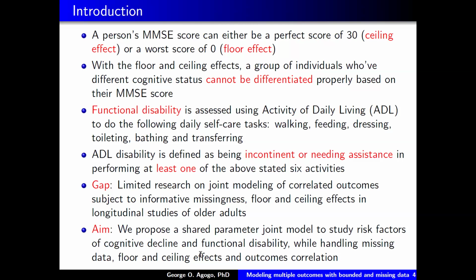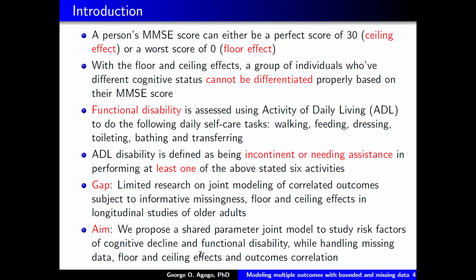So these are very key activities, especially for elderly people, because they need that independence. And if they need assistance with one of these key self-care tasks, then we say they are disabled. So activity of daily living disability is defined as being incontinent or needing assistance in performing at least one of these key self-care tasks.